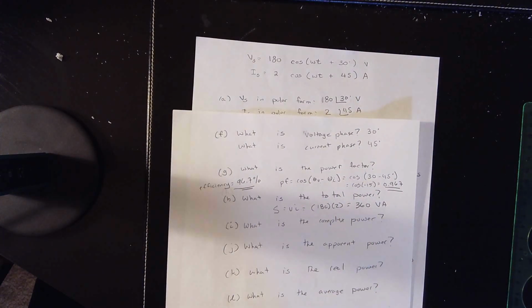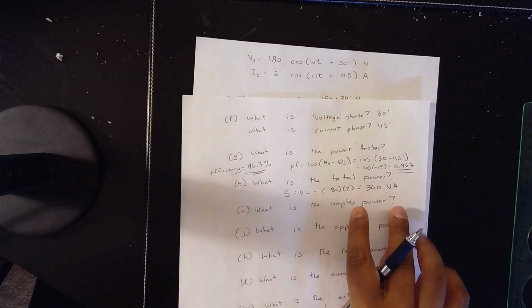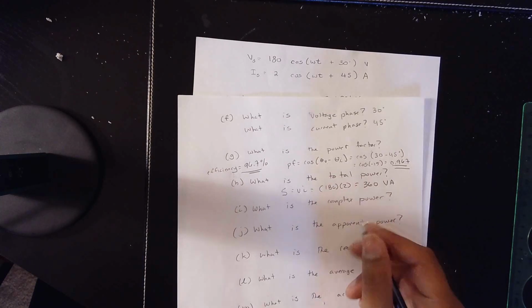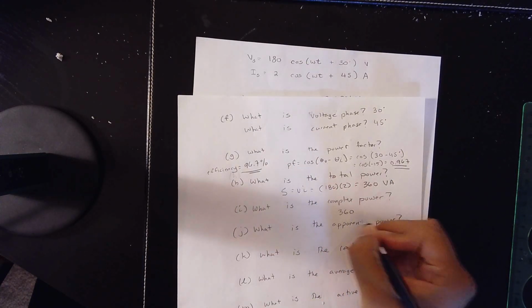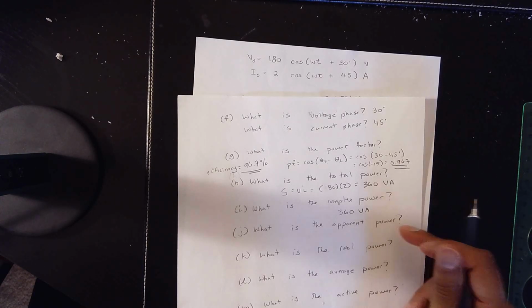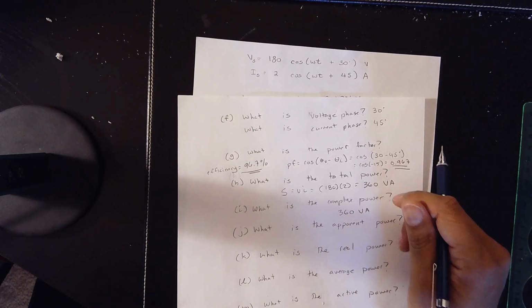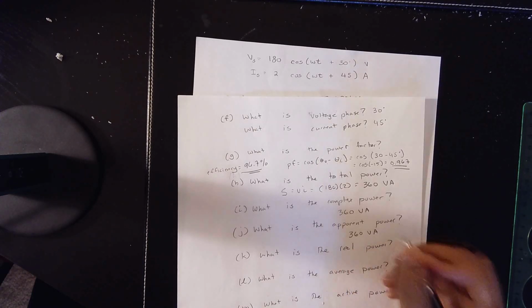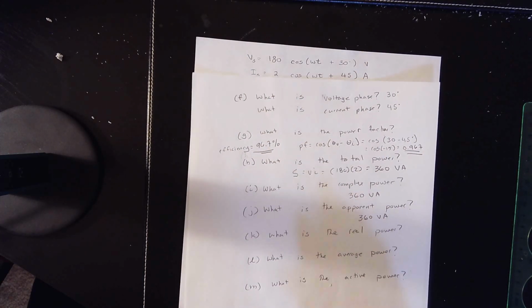Okay? It's completely wrong. What is your complex power? Your complex power is another word for your VA, which is also 360 VA. Your apparent power is the same as your complex power, which is the same as your total power, which is 360 VA.